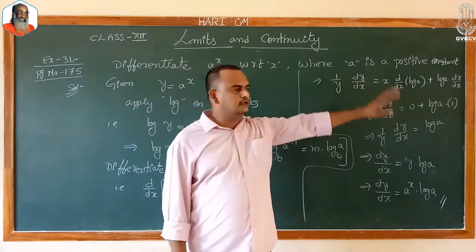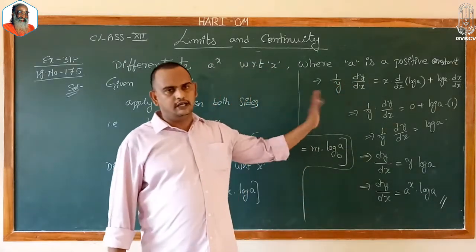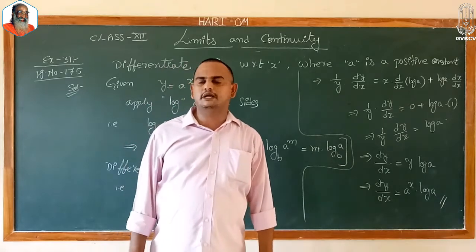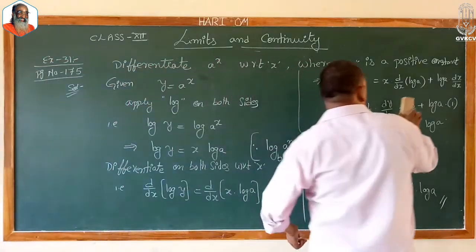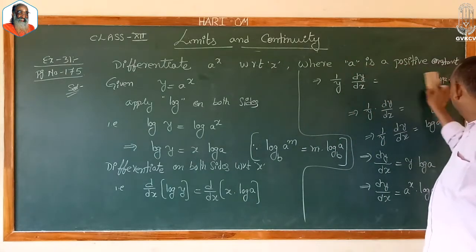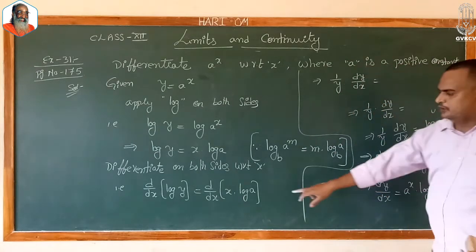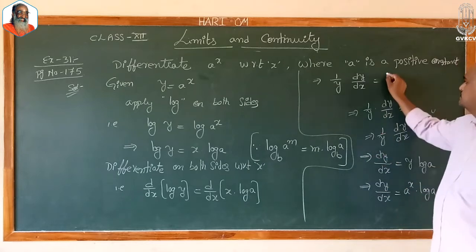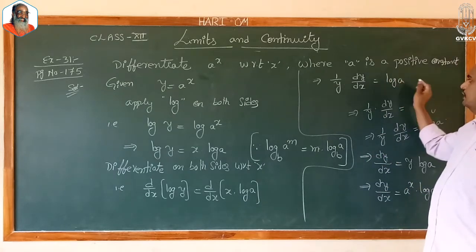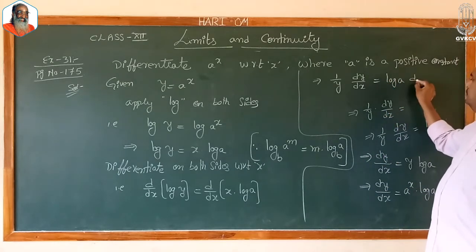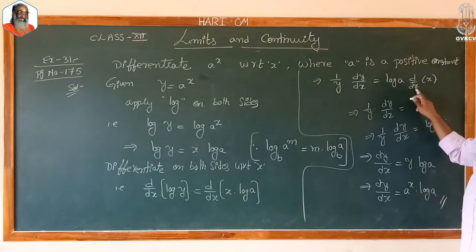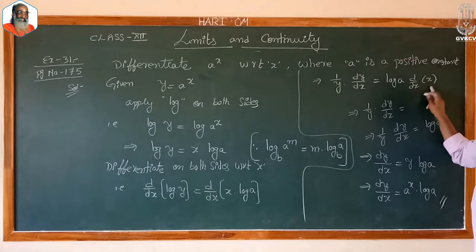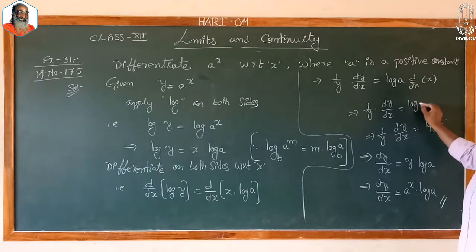Here, instead of applying the UV method, you can also apply the direct method. Directly, you can consider log a to be a constant, so we can write log a outside. Then we go for the derivative of only x, so we have log a into d by dx of x.